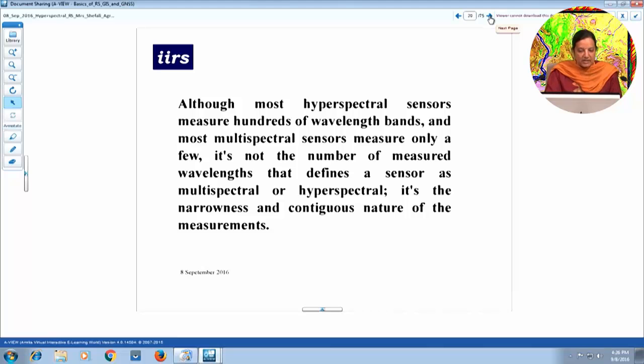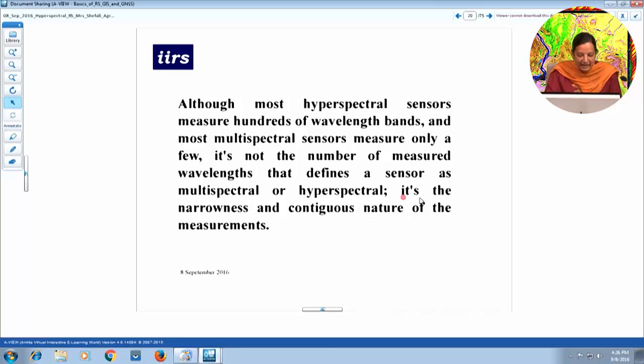Hyperspectral sensors, as we said, measure hundreds of bands, and most of the multispectral sensors measure only a few bands. So it's not the number of measured wavelengths that defines multispectral or hyperspectral. It is the narrowness and the contiguous nature. I may not have 100 bands, but if I have 20 narrow and contiguous bands, then I can say it's hyperspectral.